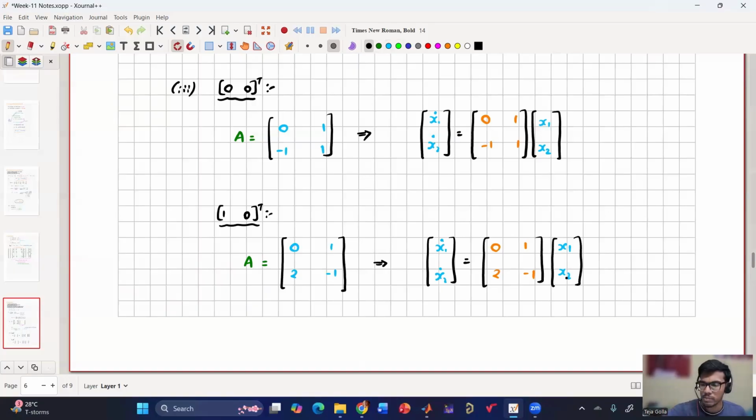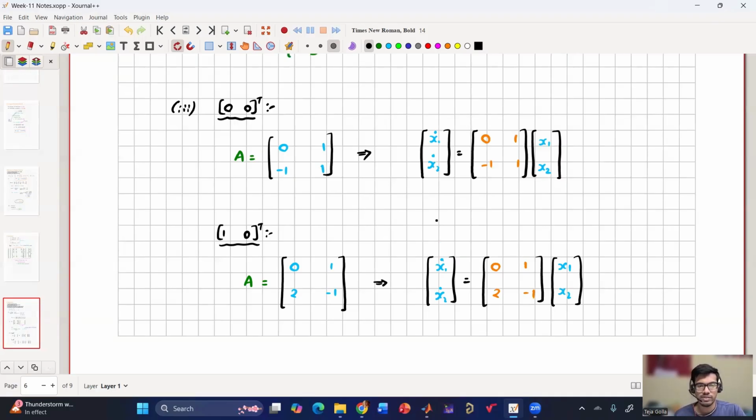Now we can see the A matrix is different for these two equilibrium points because it is dependent on x1 and x2. Whereas in the earlier cases, the A matrix is constant because the system is linear, and it is not a nonlinear function of x1 and x2. It is a fixed constant multiplied by the state vector, not varying with any of the state variables nor with time.